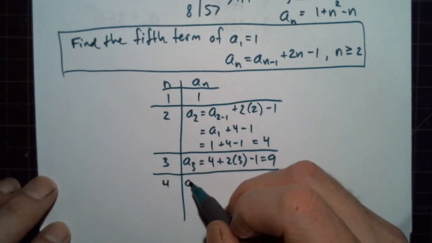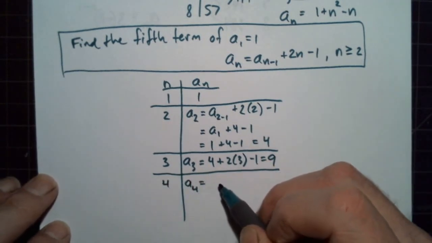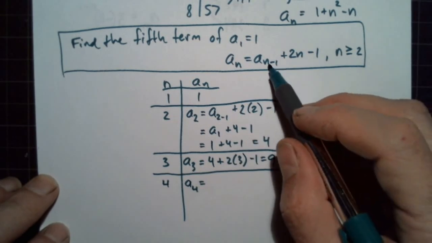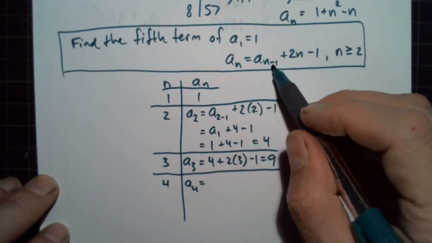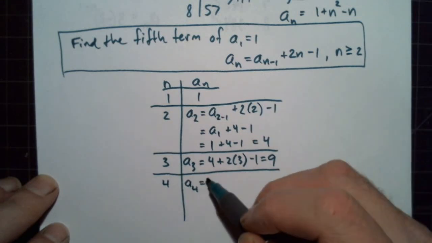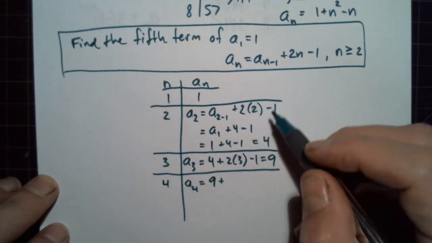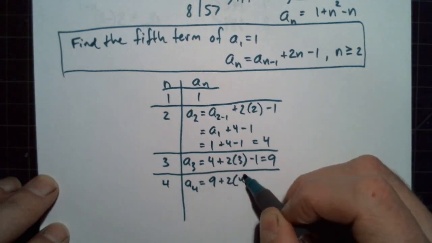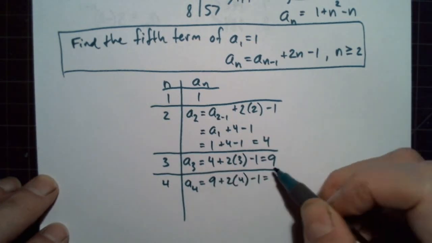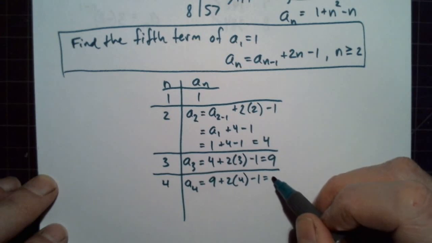Fourth term, A4 is the previous term. If we want A4, we're going to use A3. A3 is 9. 2 times n, and n is 4. 2 times 4, 8, 17 minus 1, 16.